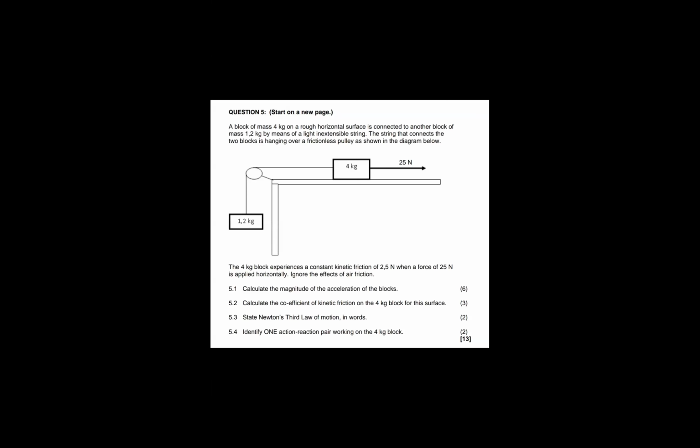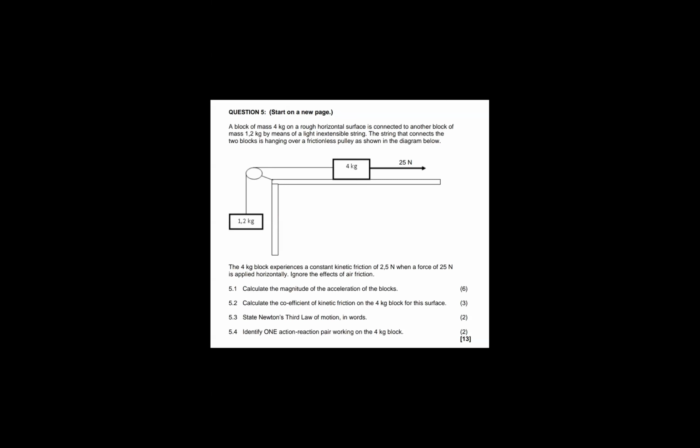Yeah. Let us do this one. Now, this question says that a block of mass 2 kg on a rough horizontal surface is connected to another block of mass 1,2 kg by means of a light inextensible string.